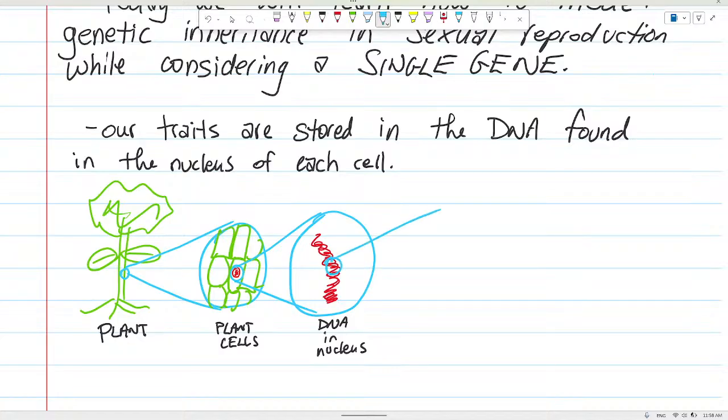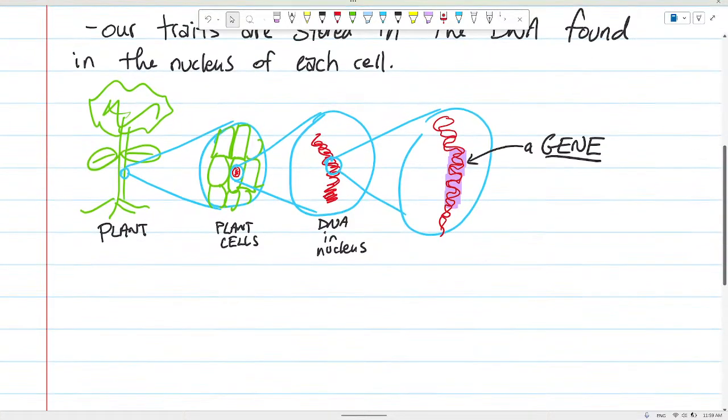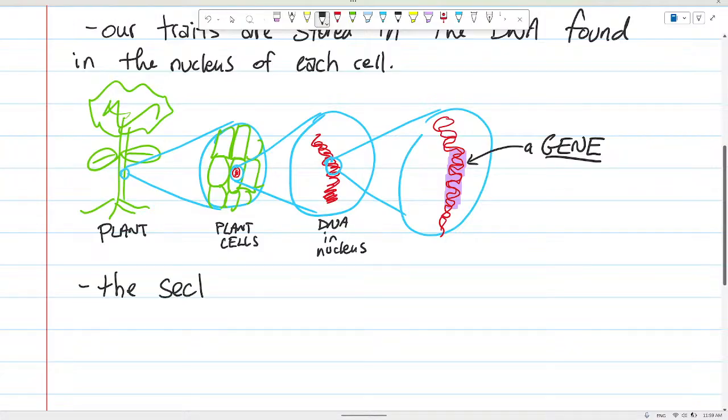If we go one step further and look at the DNA with that stereotypical shape, a section of that DNA is called a gene. The section or portion or segment would really be the best word.